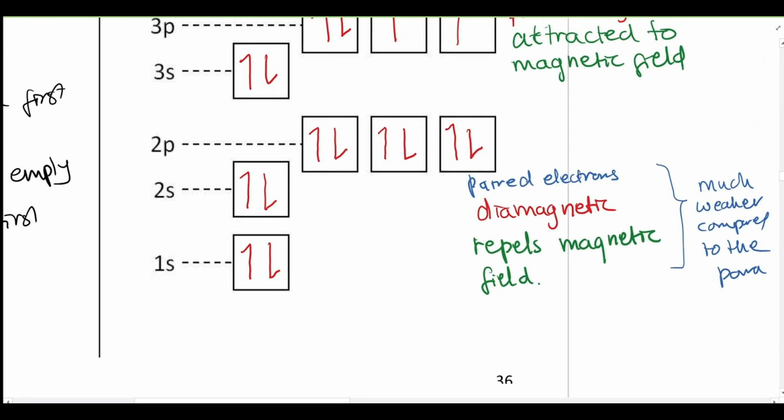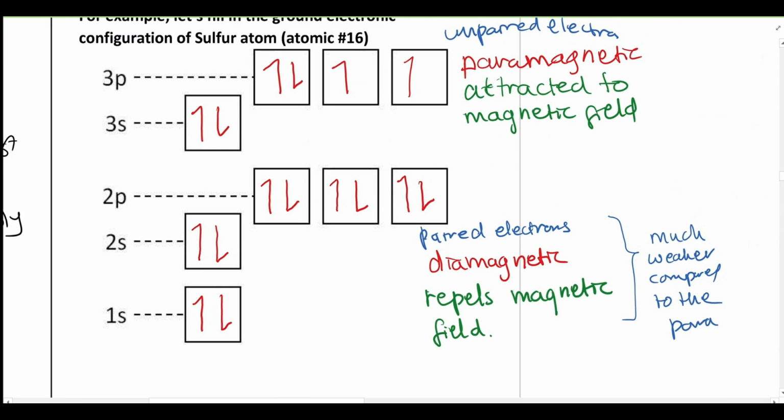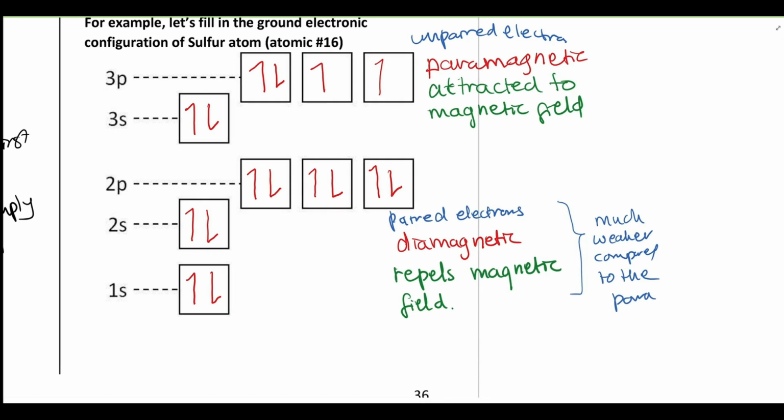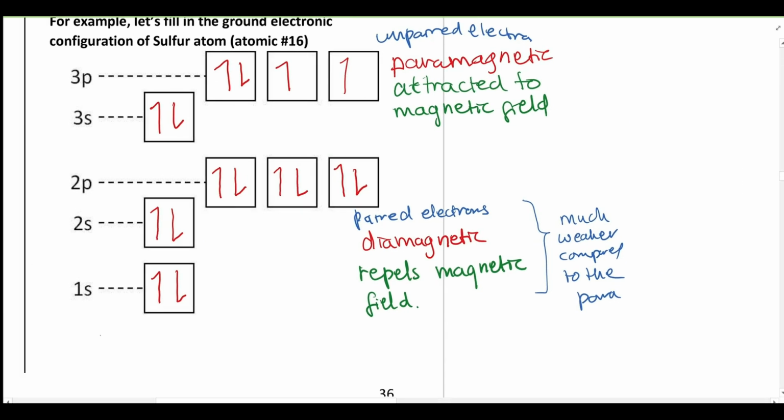One last one before I forget. Obviously, it's not really useful for us to keep drawing these boxes to describe the energy state of an electron. So there's a little bit of a shortcut, and there's even a shortcut to the shortcut. Instead of drawing it this way, sometimes you can describe the energy state of the electrons by writing down, I'm going to use a bolder one here, 1s2, because there are 2 electrons in the s orbital, we put it to the power of 2. So it refers to that one there.